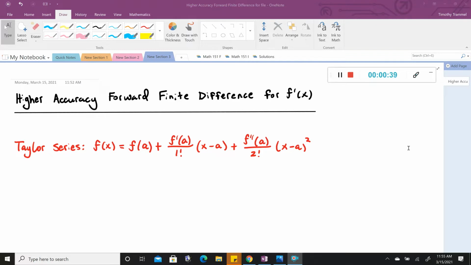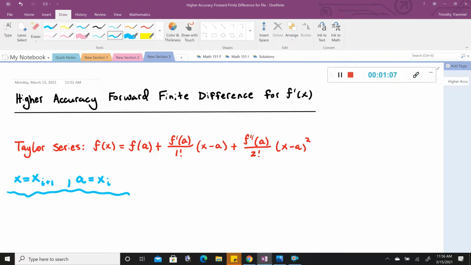And let's go ahead and evaluate this Taylor series at x is equal to x sub i plus 1, and we'll also let a equal x sub i. And we actually did this in the last video.